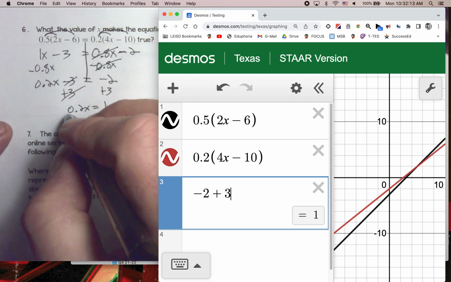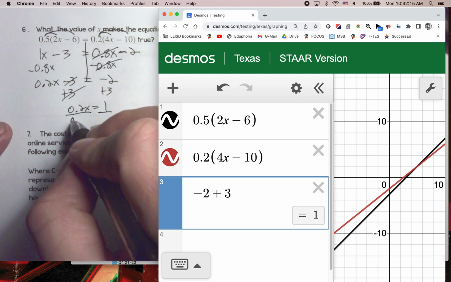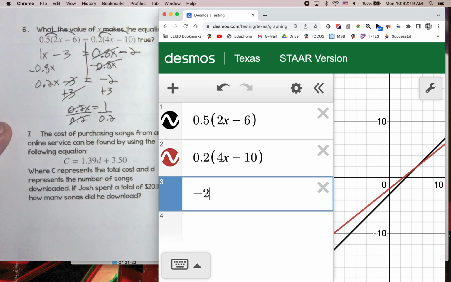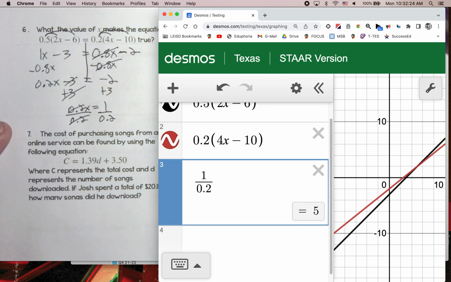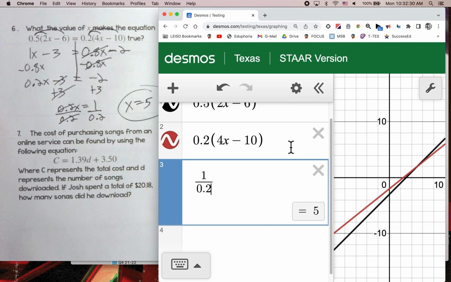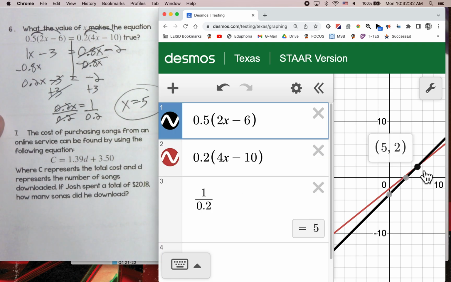So I'm going to divide both sides by 0.2. Those cancel out. Let's type in 1 divided by 0.2 is 5. X equals 5. And what did we say our point of intersection was? 5. Once again, we did it correctly, okay?